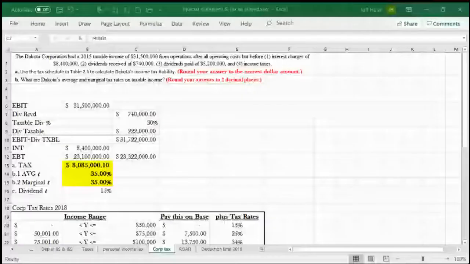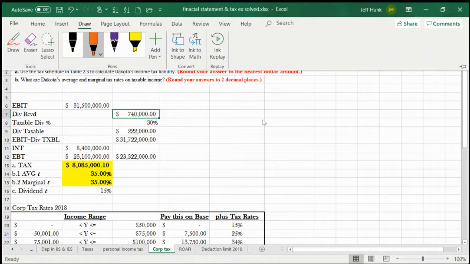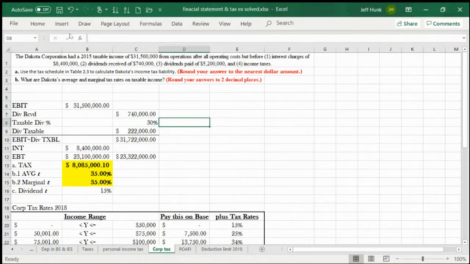I would assume that they don't own more than 20%, so dividends are taxable only up to 30%. 30% of that will be this.